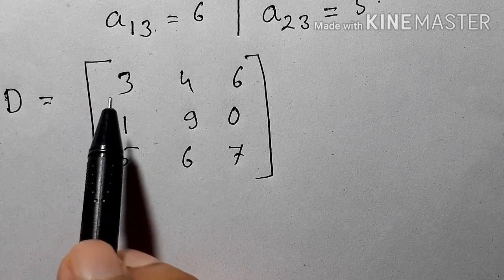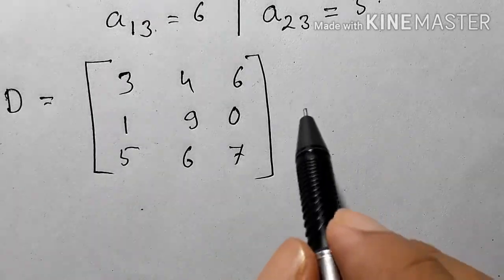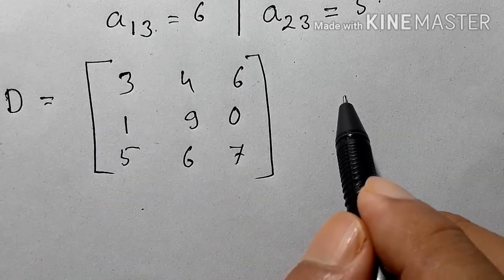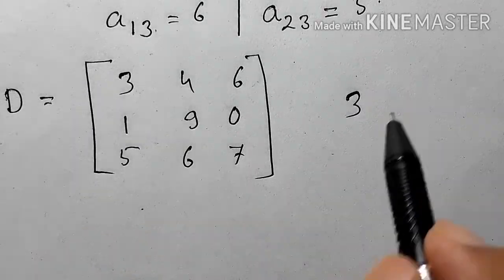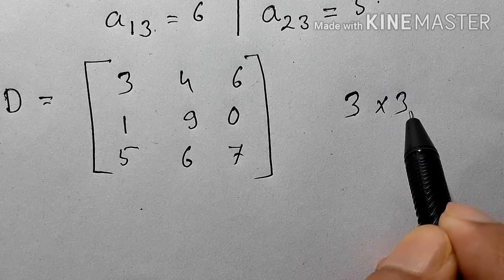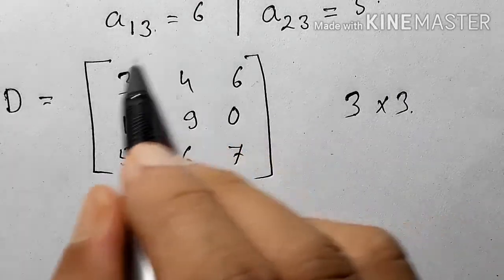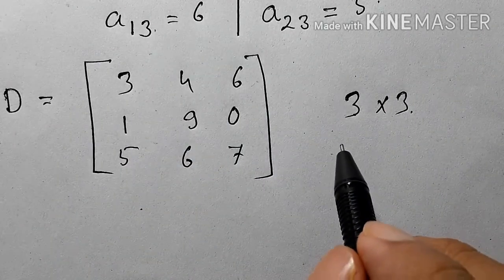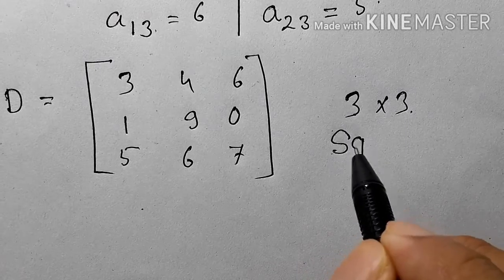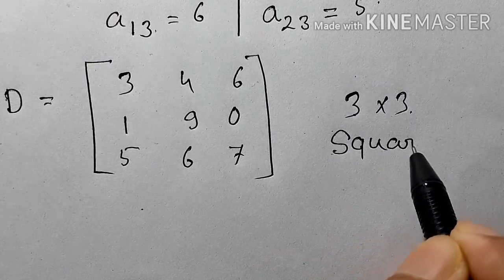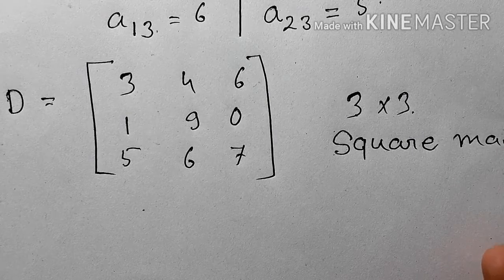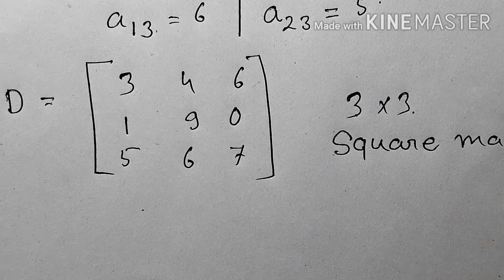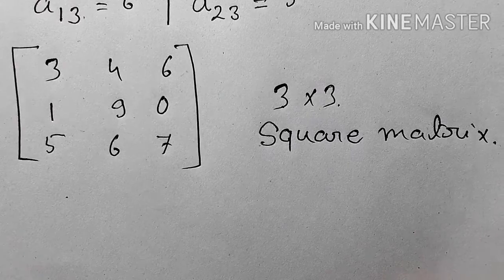Here number of rows is 3 and number of columns also 3, so 3 into 3. So this type of matrix is known as square matrix. Okay.